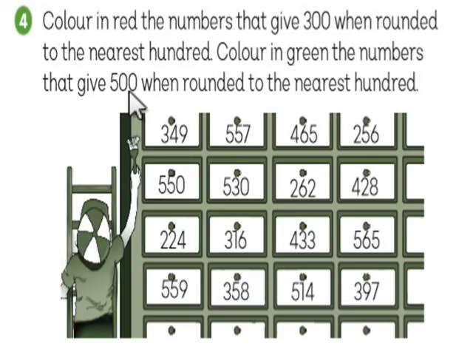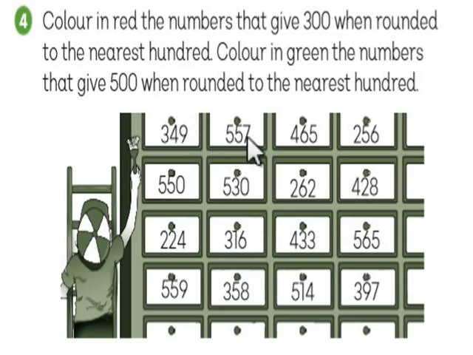So which one here, when we round the number, is 300? This one? Is this 300 when we round to the nearest 100? Yes, so we will color. What color is 300? Color red. So we will color red here.